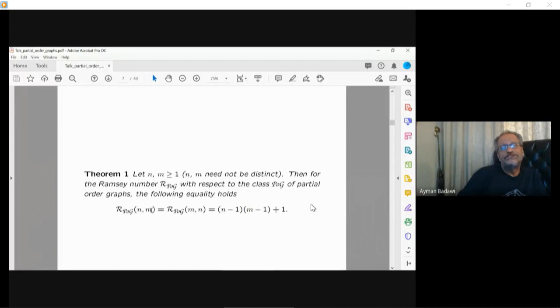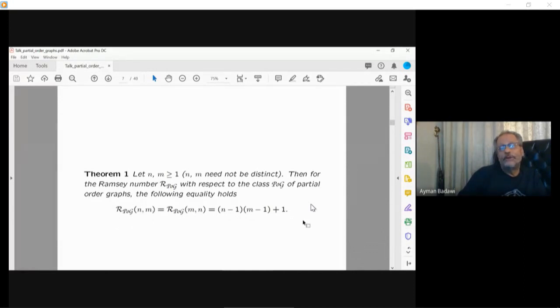Okay? And of course, we have it in general for any N and M. Like 5 and 6, what does that mean? That means the minimum number of vertices we need is 4 times 5 plus 1, 21. I said 5 and 6.